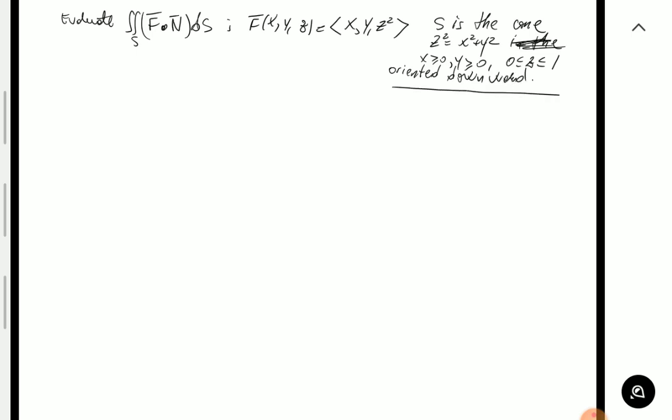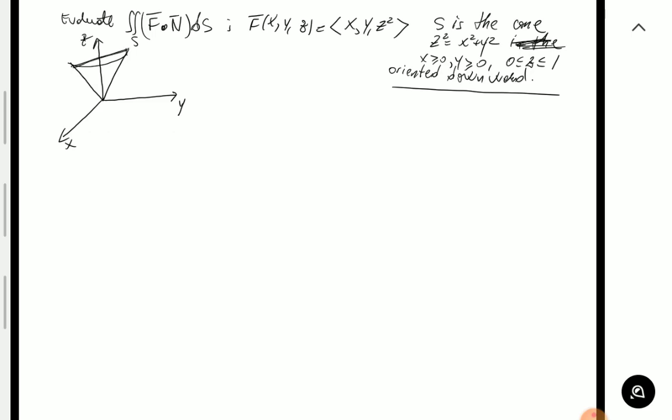Okay, so if I were to sketch this cone, let's see if we could do a little sketch here. It's going to live in the positive region, like I said, of the space. Imagine this is flat here, flush here.